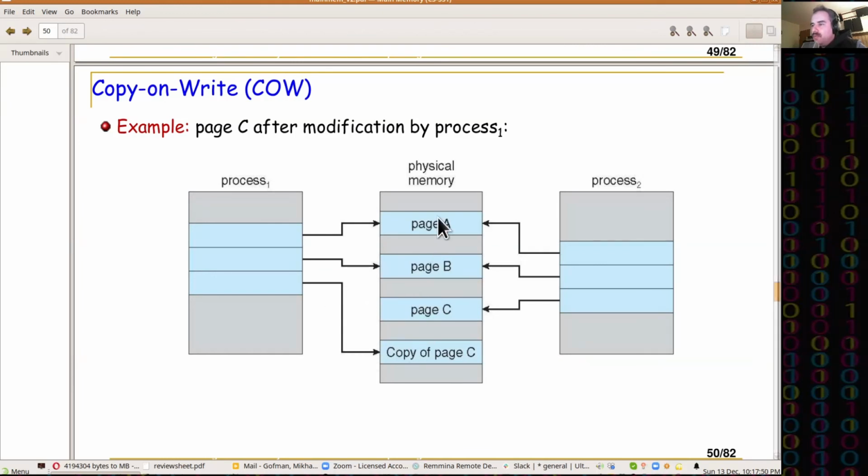So now the parent and child still share physical frames A and B because they're the same for the parent and the child. However, they no longer share frame C because the corresponding pages are now different for the parent and the child. So this helps to save some memory.